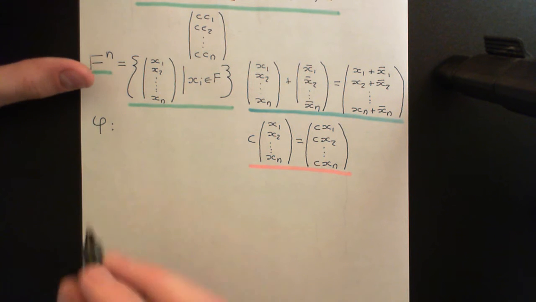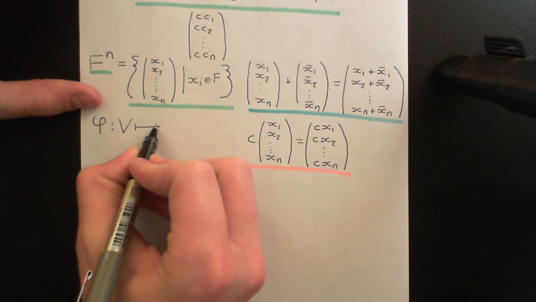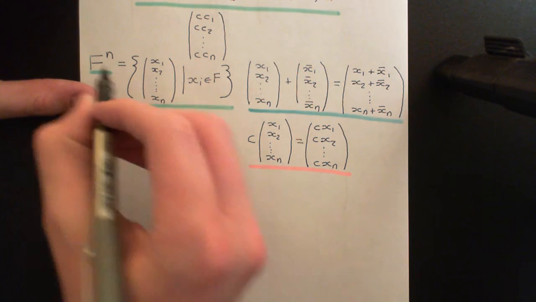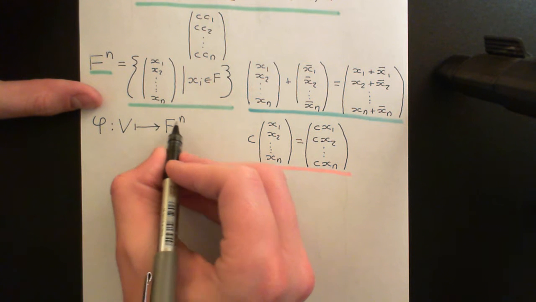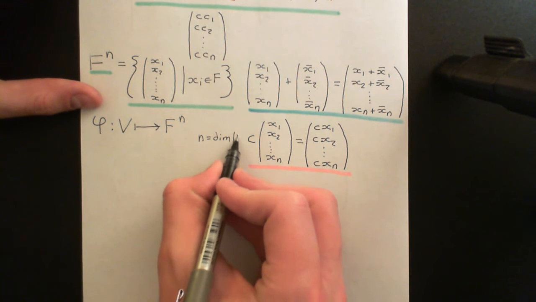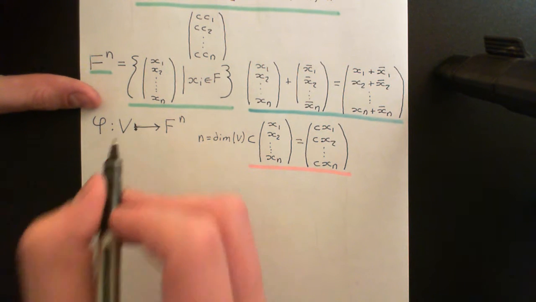Okay, so what I'm going to do then is show you that we have an isomorphism between our abstract finite dimensional vector space over the field F and our vector space that we've got defined here, Fn, where the n here will just be the dimension of the vector space V. Okay, and it shouldn't have that little bar there, it should just be an arrow.